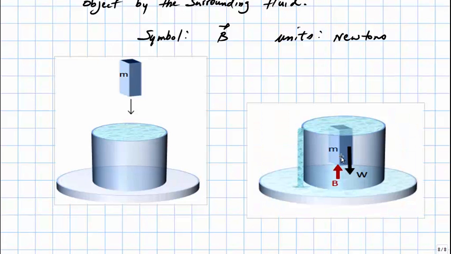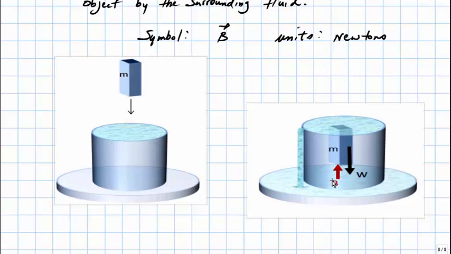In this diagram, we note that the object has been submerged, and we also note that there are two forces acting on this object. The first force is the weight of the object, and the second force is the buoyant force. The buoyant force, again, is the net force exerted by the surrounding fluid upon the object, and it's always directed upward.